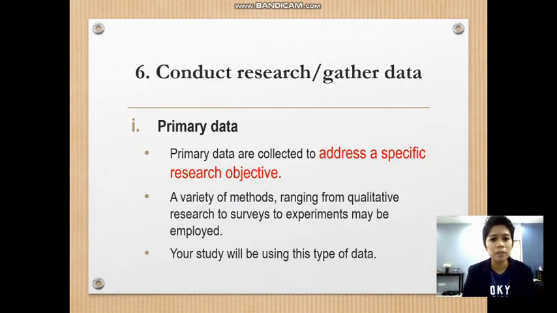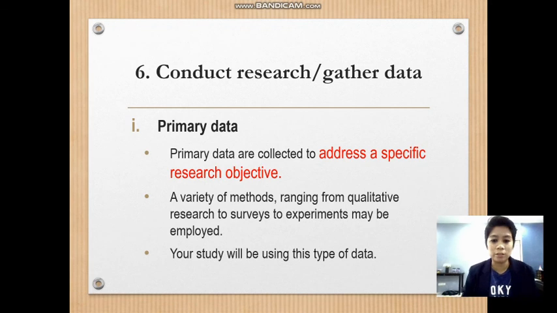Okay, so the sixth one, yes, of course, after you plan the research design of your study, then you conduct the research or gather data. Gathering data comes in two types. The first one is primary, first-hand: you gather the data, you do the survey to address a specific research objective.